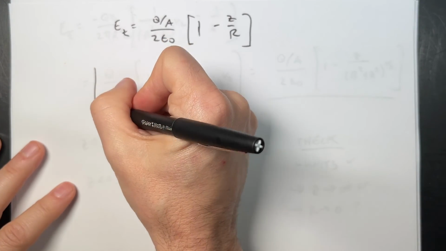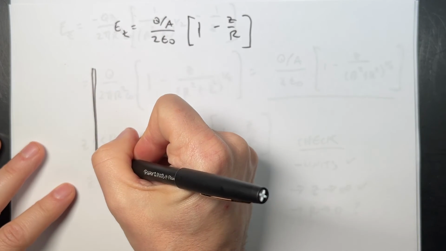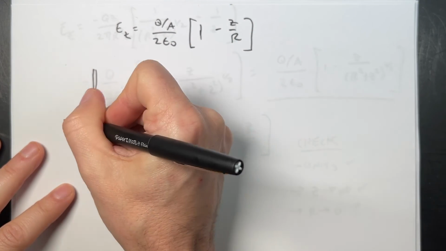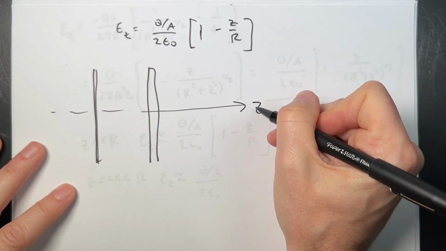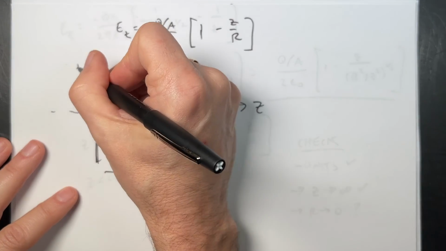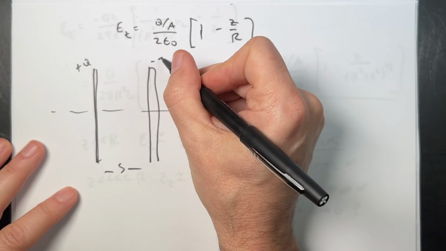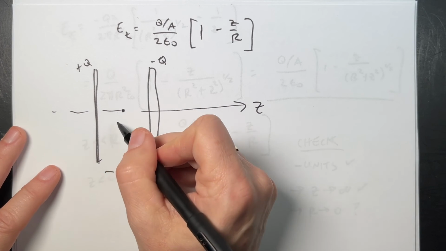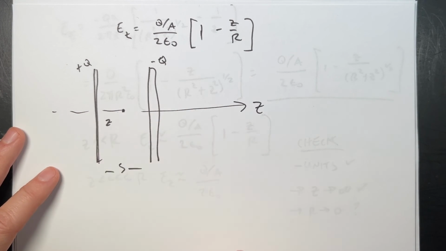But what if I have two plates? I'll draw them right here. So this is the Z direction. And let's say they're separated by a distance S. So this is plus Q, this is minus Q, and I want to find the electric field right here in the middle, or anywhere, a distance z from that plate.